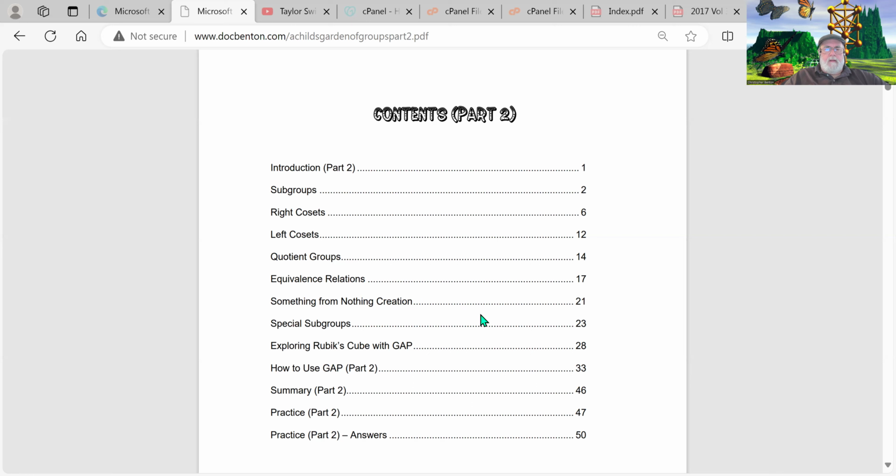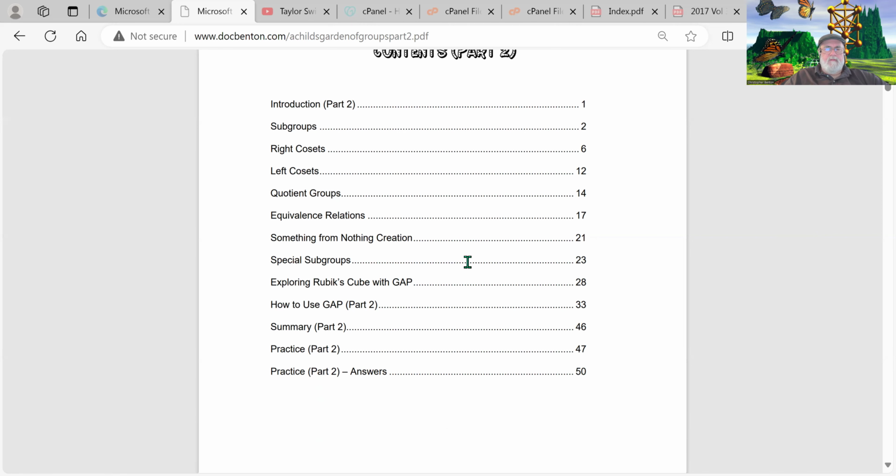And if some sort of computer simulation needs to pass itself off as a realistic human, it has to be able to create quotient groups in its mind. It has to be able to combine elements together to create something new. Then I talk about certain special subgroups.